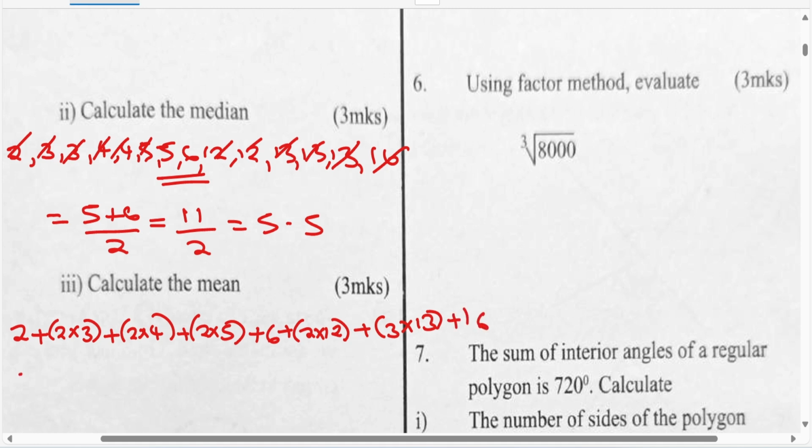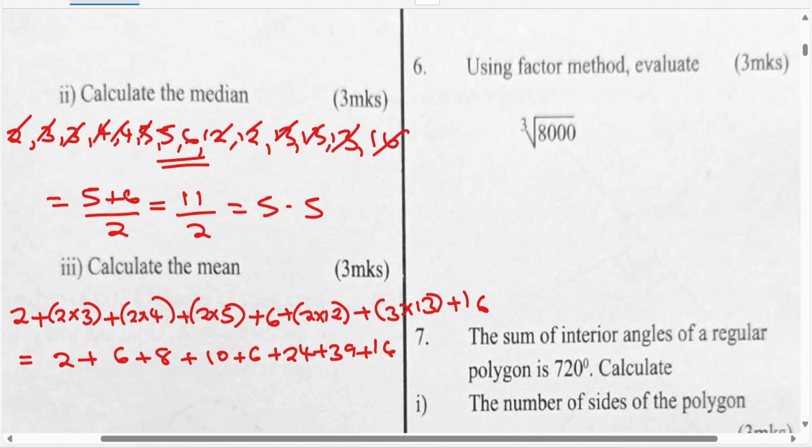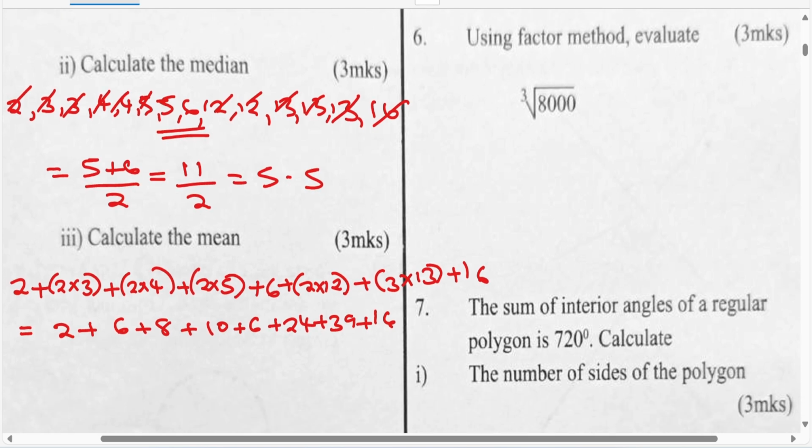If you look carefully, 2 times 3 is 6. 2 times 4 is 8. 2 times 5 is 10. Here is 6. 2 times 12 is 24. And 3 times 13 is 39, plus 16. And then divide by the numbers that are there. How many numbers are there? If you count yourself, 1 2 3 4 5 6 7 8 9 10 11 12 13 14.